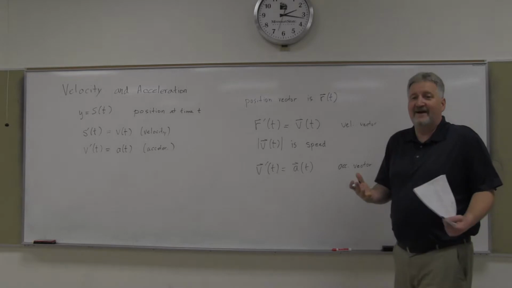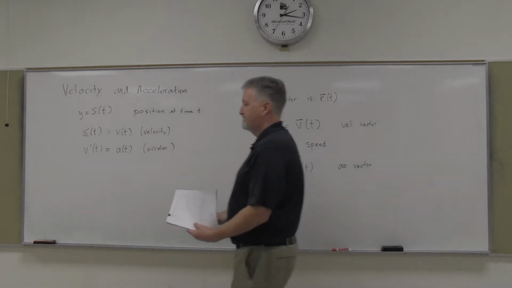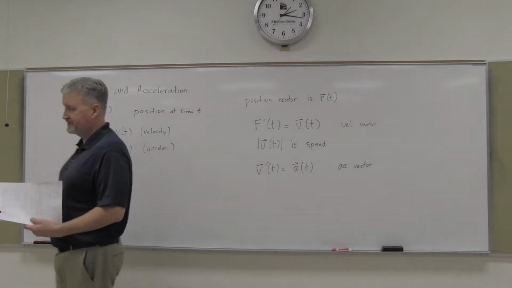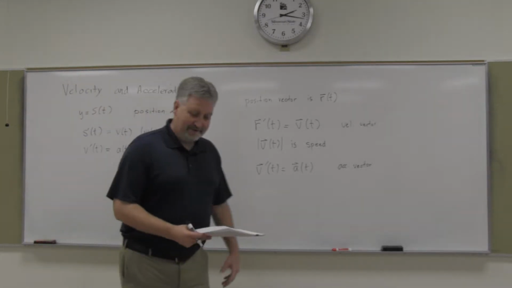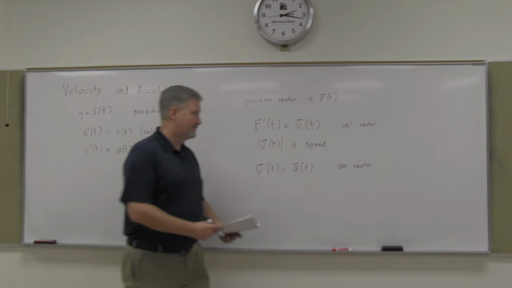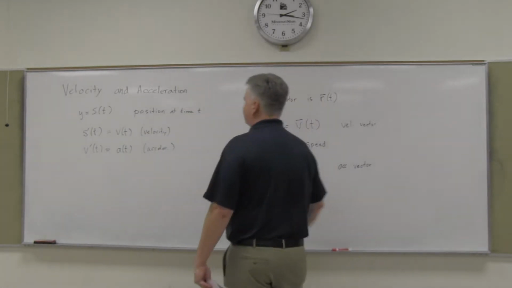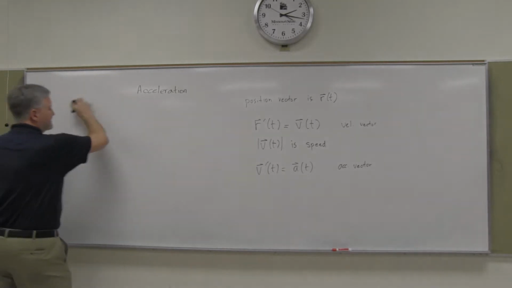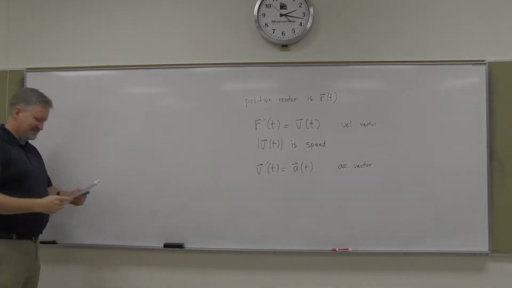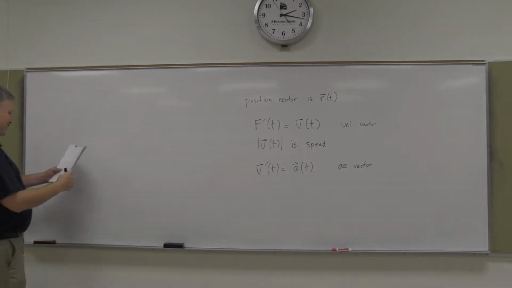So nothing really new, right? Just that now we're describing them as vector-valued functions instead of just regular functions, but it is very much the same. All right, so that's good, right? No change. We like that.